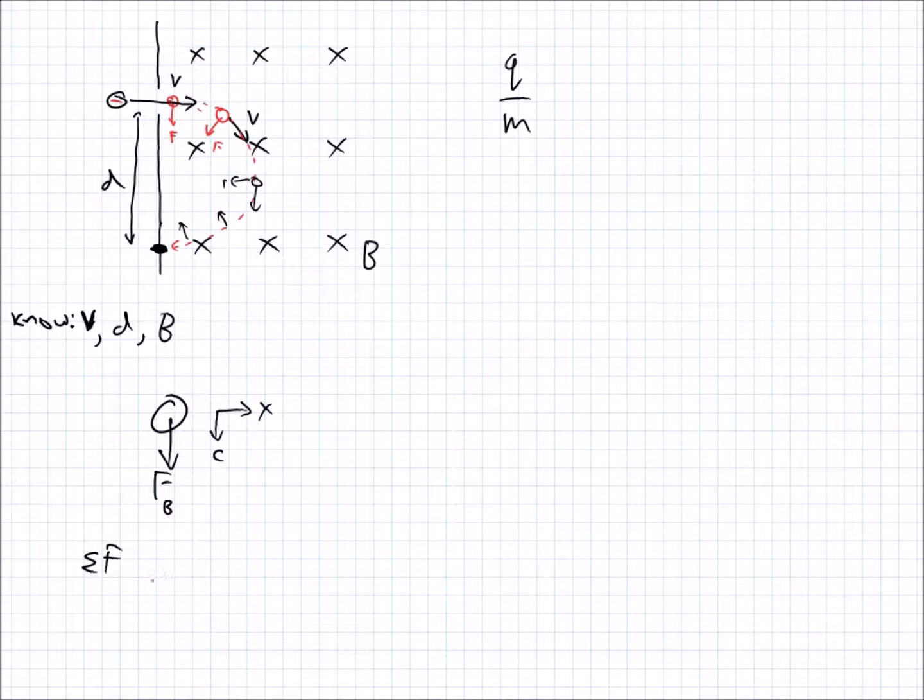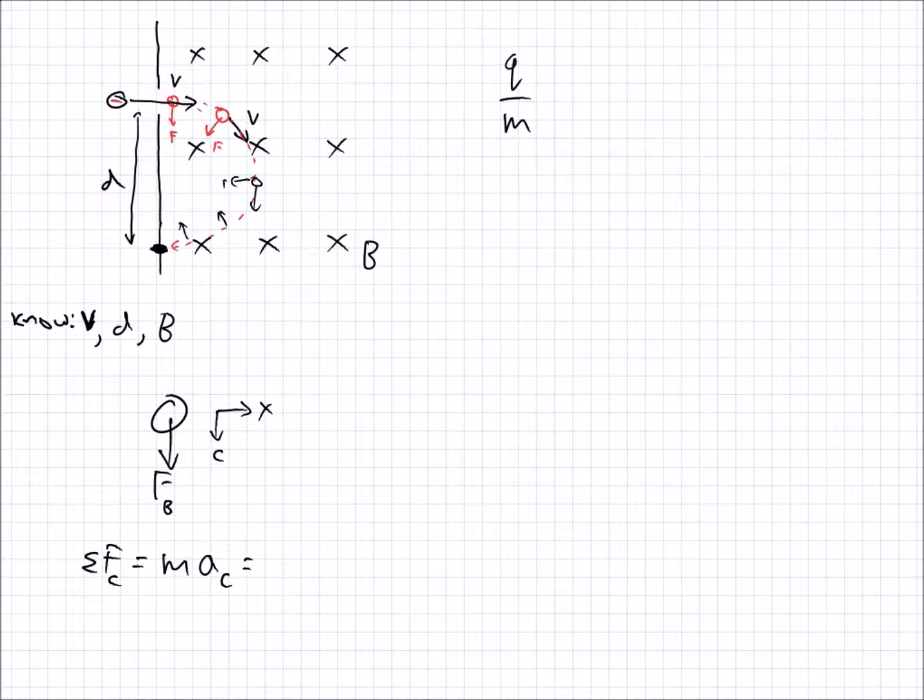So after you do a free body diagram, you always do Newton's second law. The sum of the forces in the c direction equals mass times acceleration in the c direction, and that is not 0. If you are going in a circle, you have to have some so-called centripetal force, some force toward the center of the circle. You may know it as radial force.